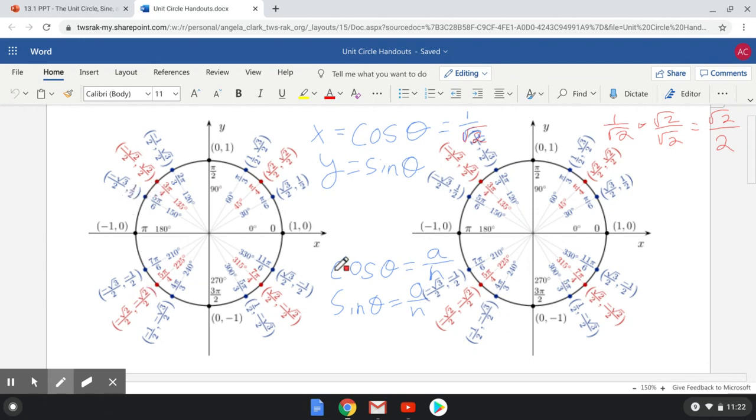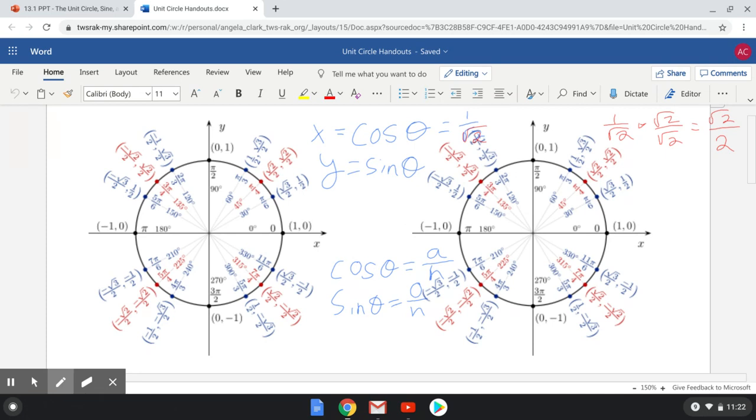So that's one nice thing about the unit circle, is it really helps you figure out what your sines and cosines are very quickly. If I have this circle in my head, I can very quickly think, okay, what is the sine of 150?